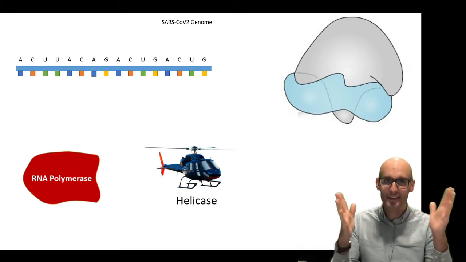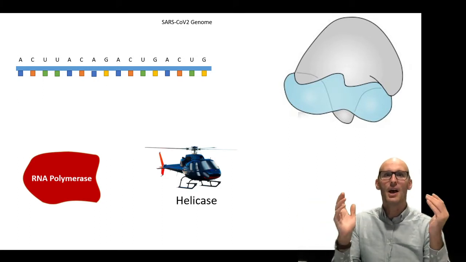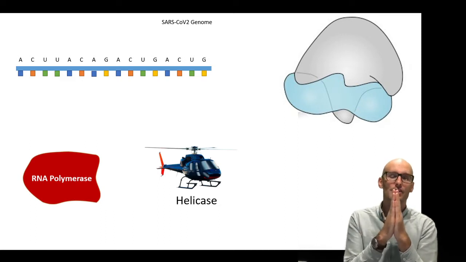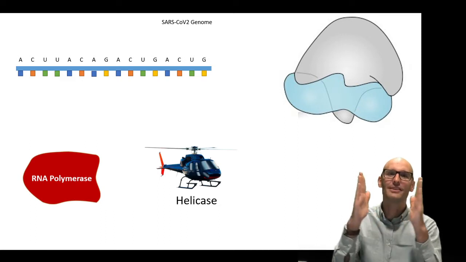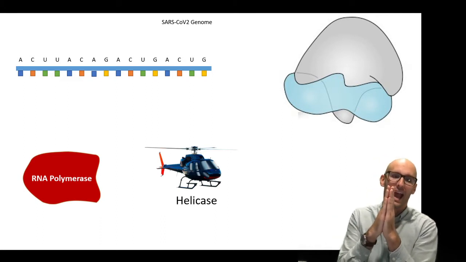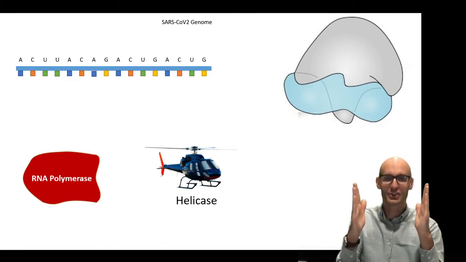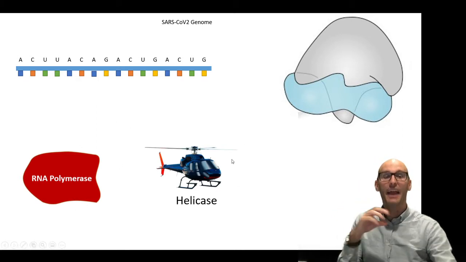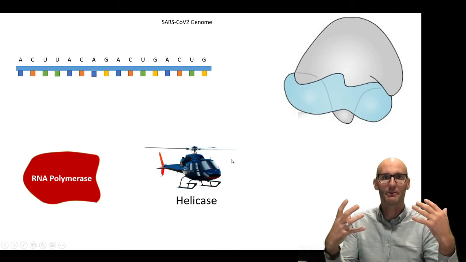Now, I always think of helicase as a helicopter because what helicase does is it chops double-stranded nucleotide molecules into single-stranded. I always imagine those rotor blades coming along and separating the double strand into two single strands.